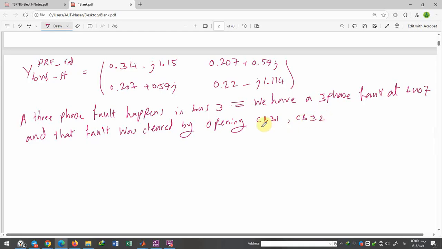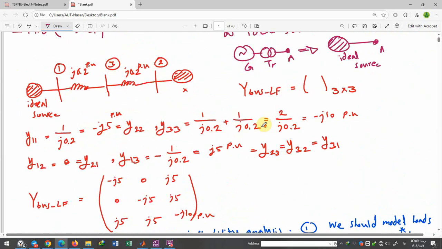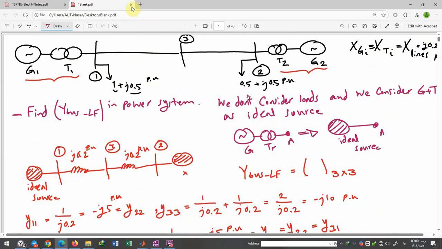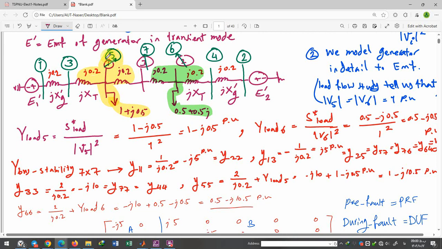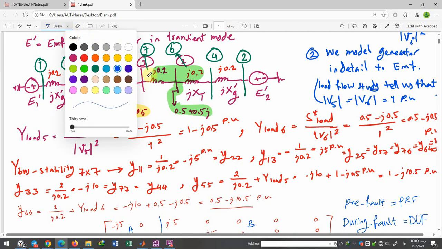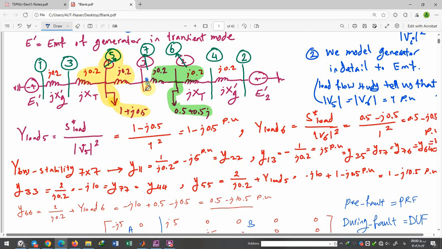Where are these circuit breakers? The circuit breakers are here. Circuit breaker 3.1 and circuit breaker 3.2. And this circuit breaker is located here. The circuit breaker CB 3.1 and circuit breaker CB 3.2.